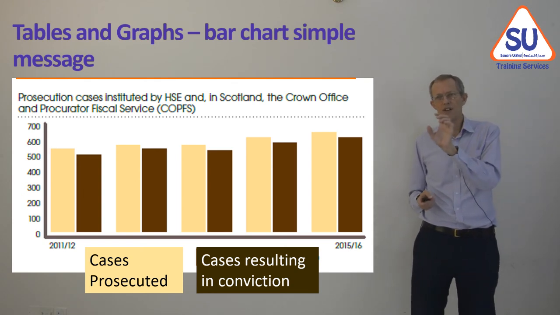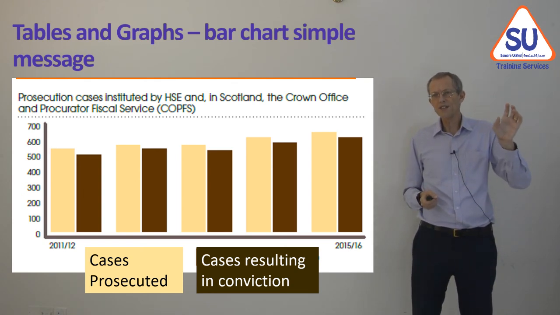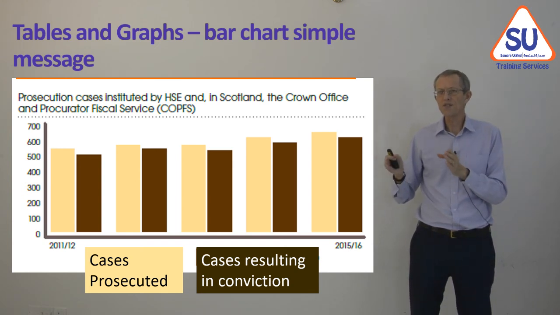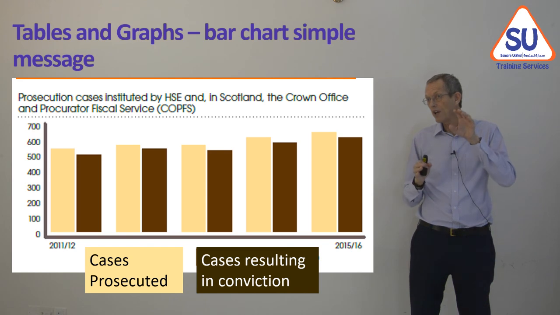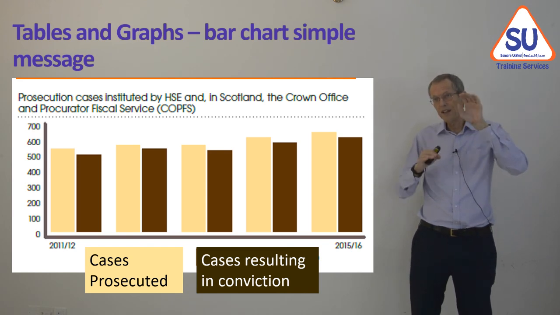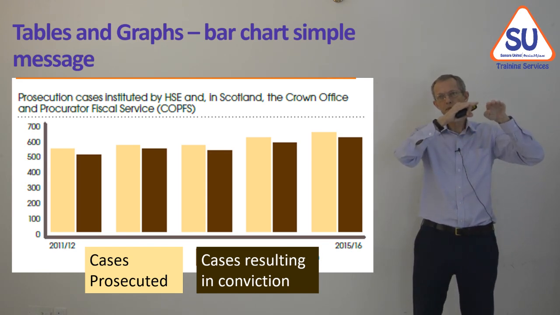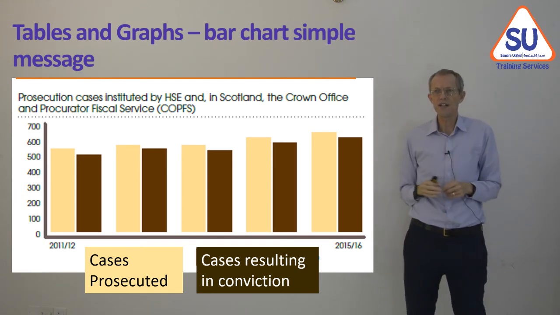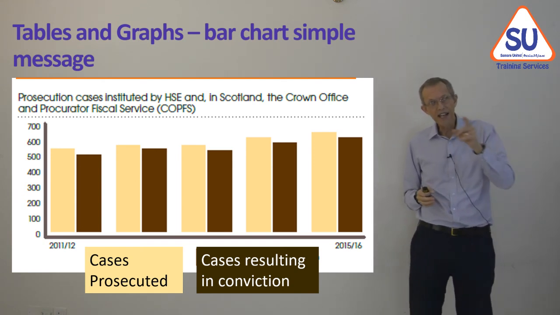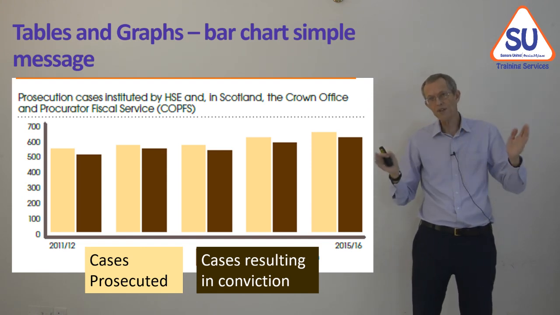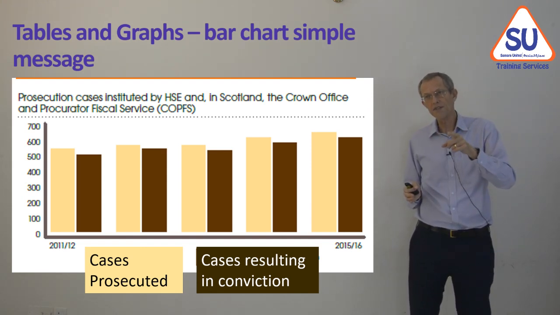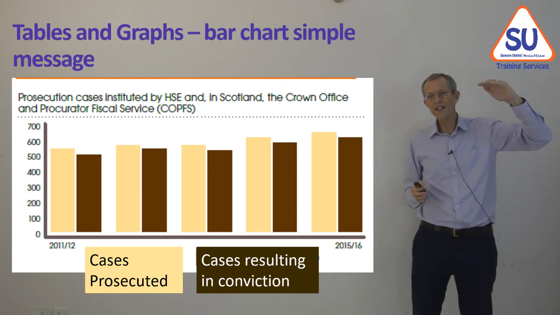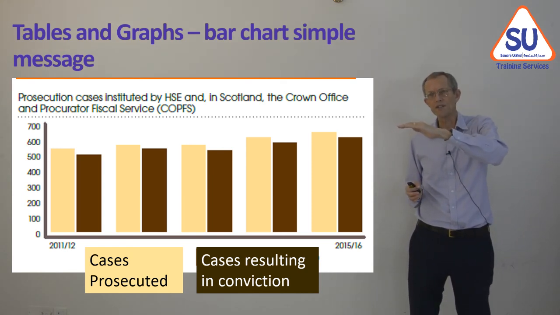This graph is very simple. The light colour is the number of cases prosecuted, and the dark colour is the cases resulting in conviction. Now look, the number of cases and the number of prosecutions are more or less the same number all the way across for each year. So this means that over the last several years, in this case it's the Health and Safety Executive in the UK, nearly all of their cases resulted in a conviction.